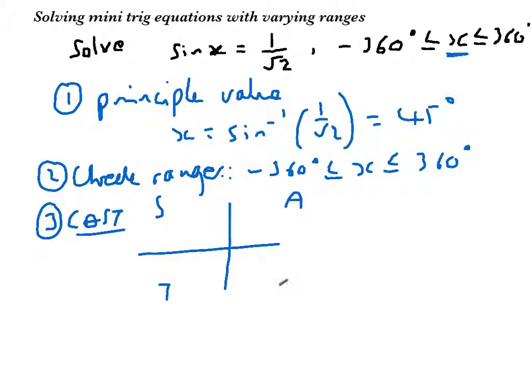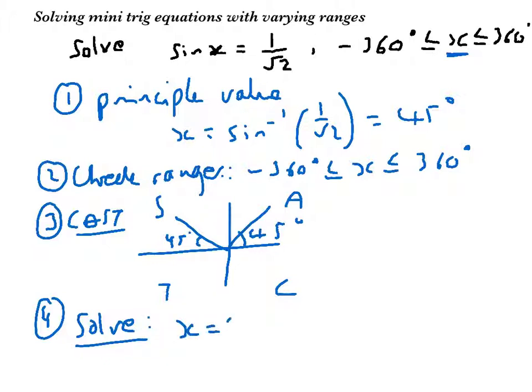All Silly Tom Cats. The principal value is 45 degrees, so it must be in this quadrant. Sine is positive, so sine is the only other positive value here, 45 degrees. So therefore, solve.